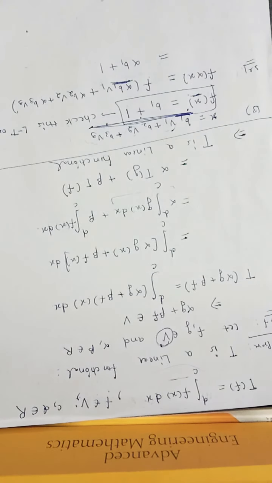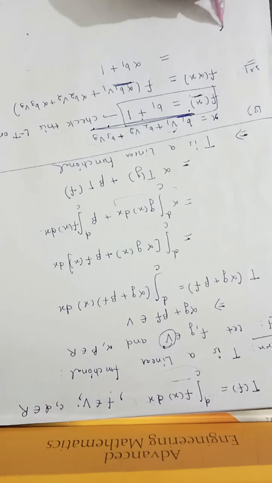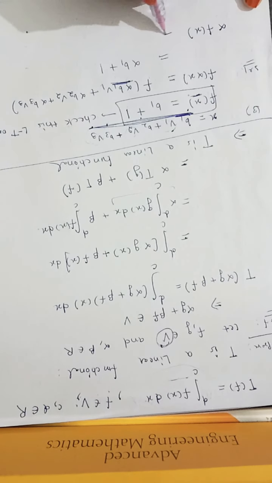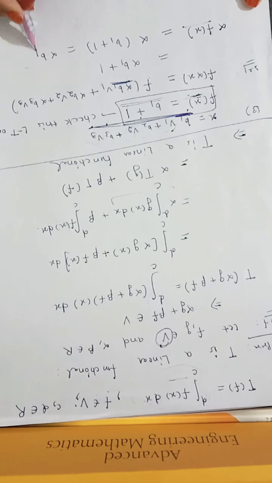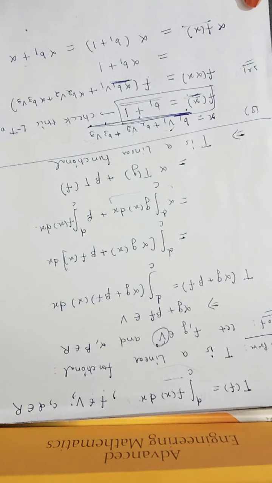Okay. Now, what is the right hand side? Alpha of f(x). What is the value of f(x)? f(x) is b1 plus 1, so it is alpha times b1 plus 1, which gives alpha b1 plus alpha.